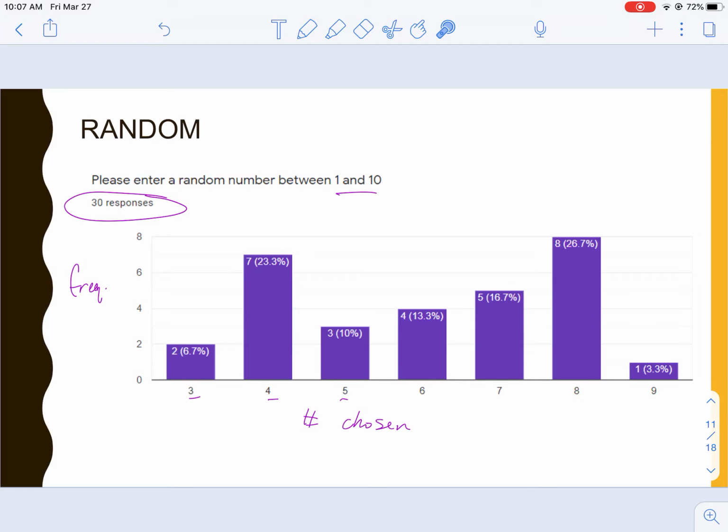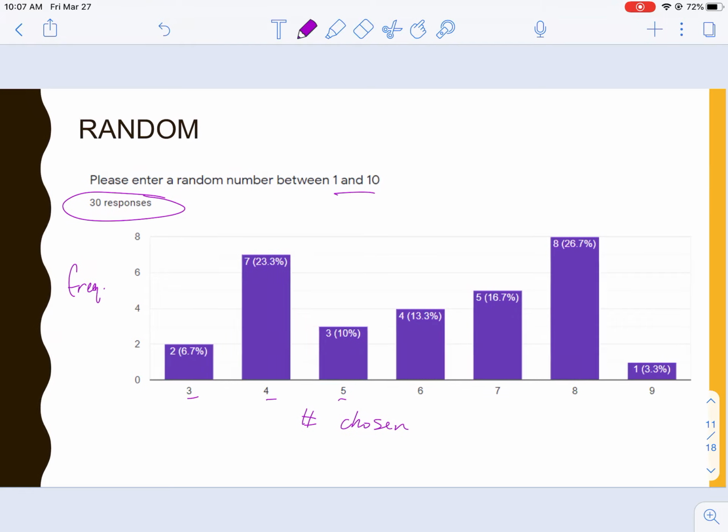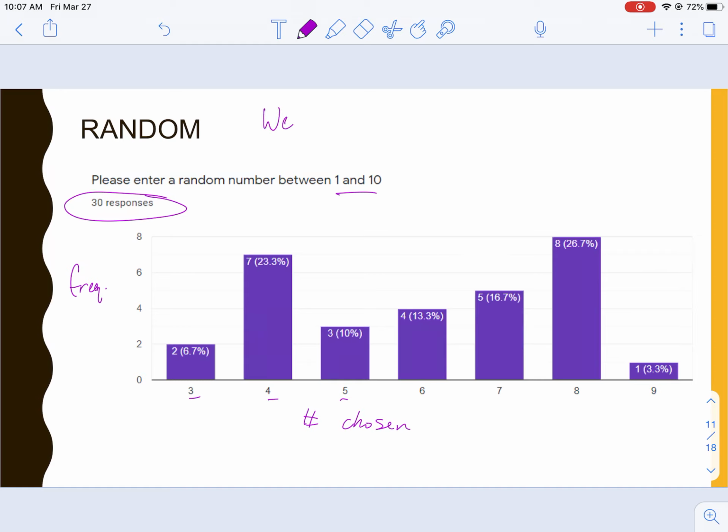Now, with only 30, we may not be able to say too much, but if we would have asked 300 people, if it's truly random, we would expect these to be more evened out, if everybody had an equally likely chance. We don't realize our biases, okay? We don't realize our biases. It seems like the number 8 had a bias. The number 4 had a bias.